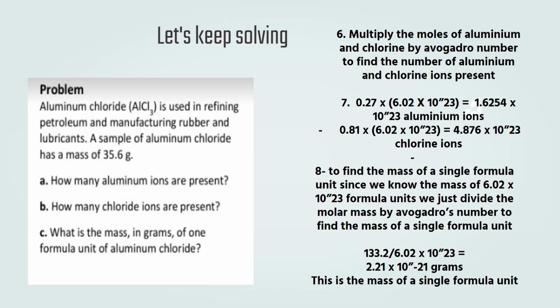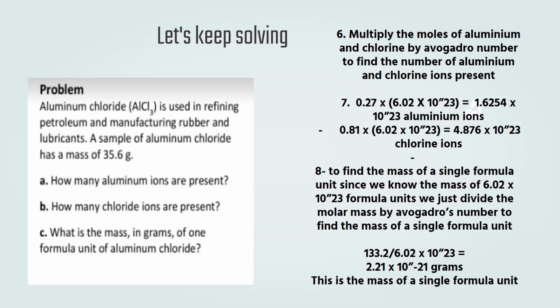To do that, we just take the molar mass of aluminum chloride, which we already got, 133.2, divide that by Avogadro's number, and we end up with 2.21 times 10 to the power of negative 21 grams. That's a very small number, because the mass of a formula unit of any substance is typically very small, since we're dealing with particles and not entire substances.